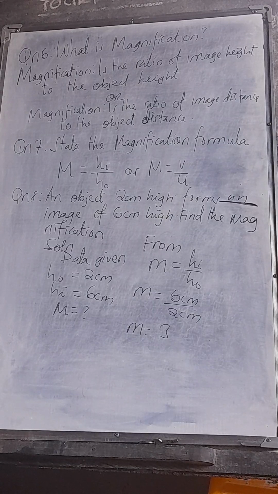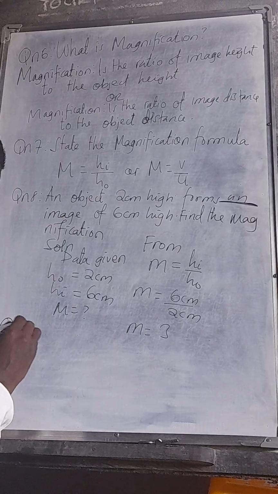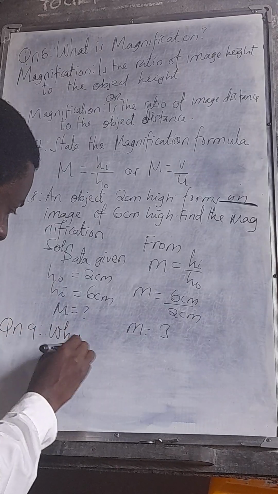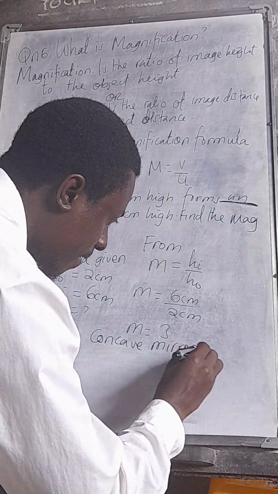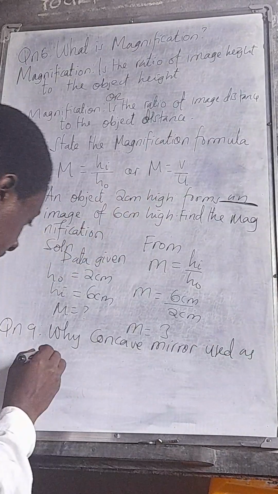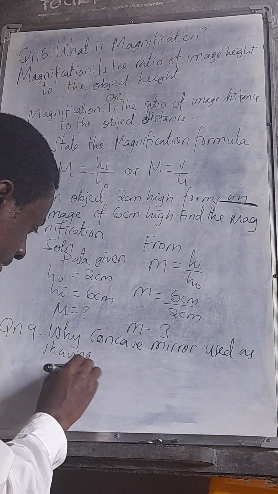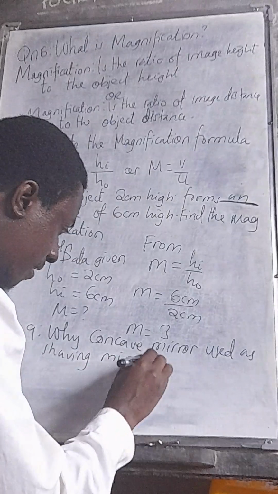So let's give this momentum to question number 9 now. Question number 9 says: why are concave mirrors used as shaving mirrors? Why is a concave mirror used as a shaving mirror?